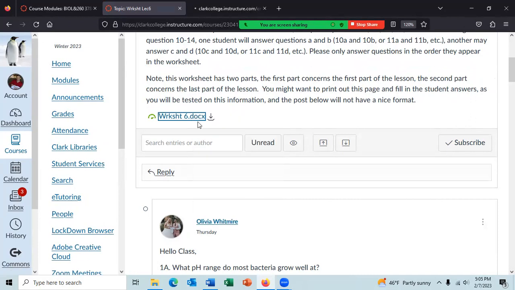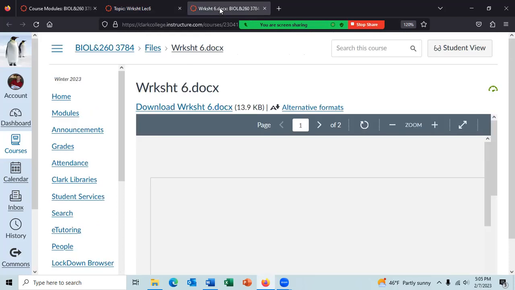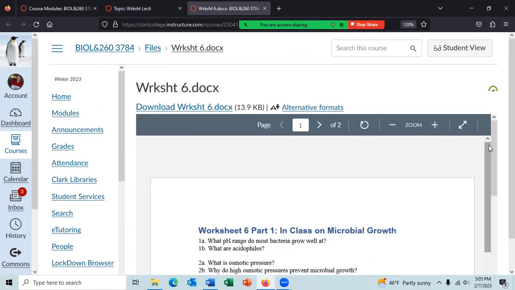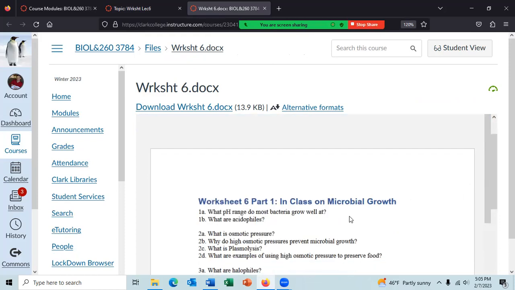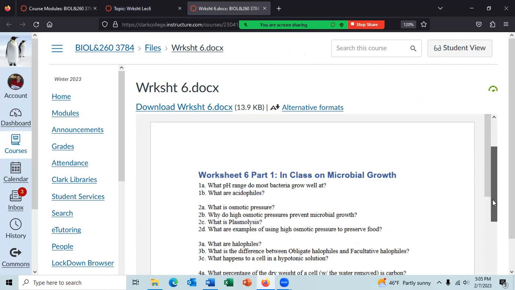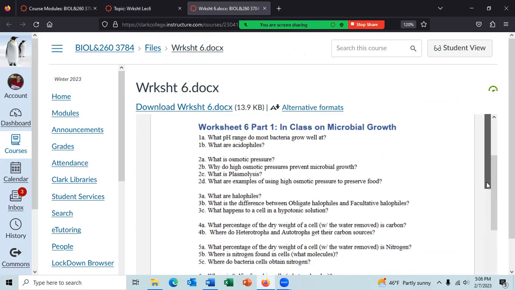Let's open that in another tab. Actually, it looks like there's only a question 1A and 1B. I don't see a C, D. 2 has a question 2A, 2B, 2C, and 2D, but I think I'm asking you to answer all of those.